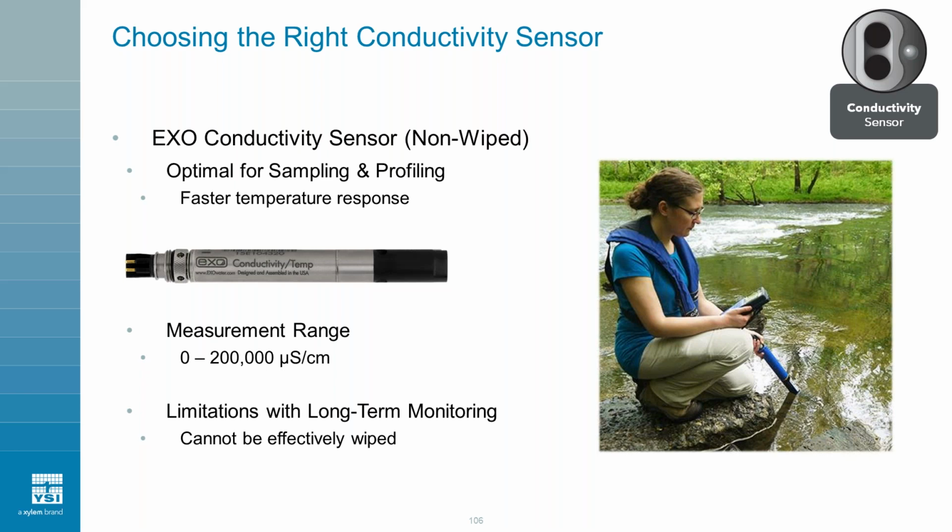Additionally, as we discussed in our last section, due to its unique cell design, this sensor has a larger cell constant, which actually affects its range and accuracy. This sensor has a wider measurement range than the wiped conductivity sensor, going up to 200,000 microsiemens per centimeter.